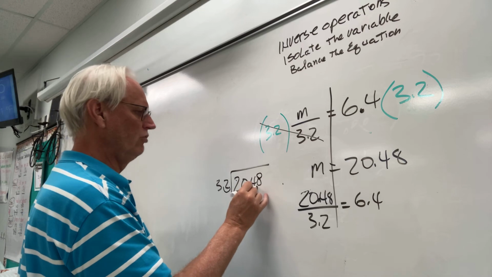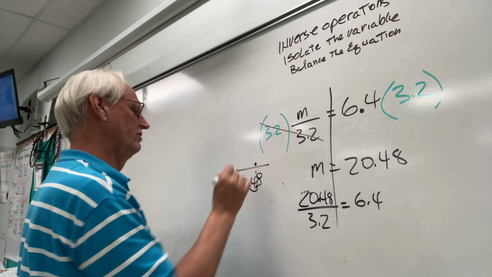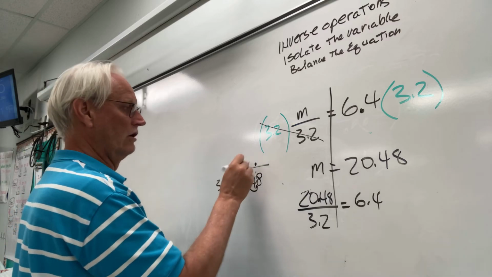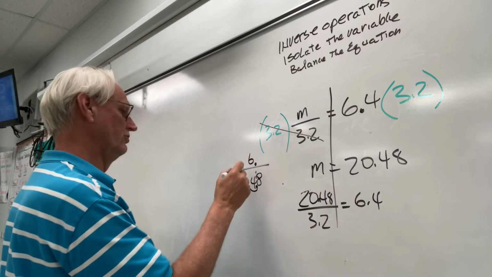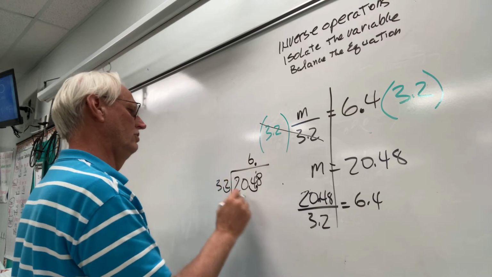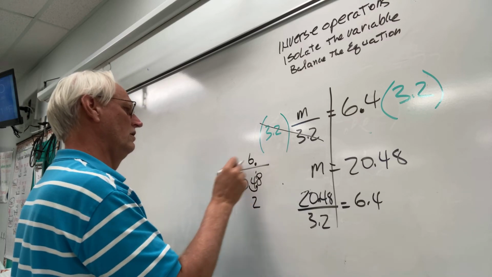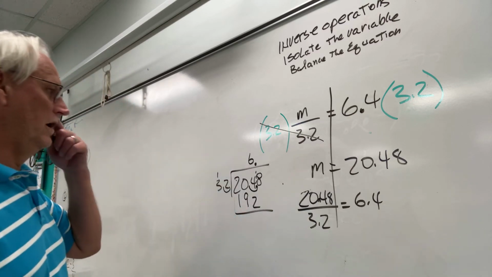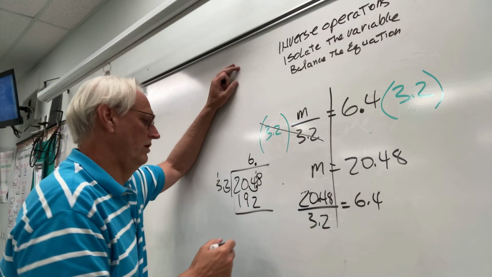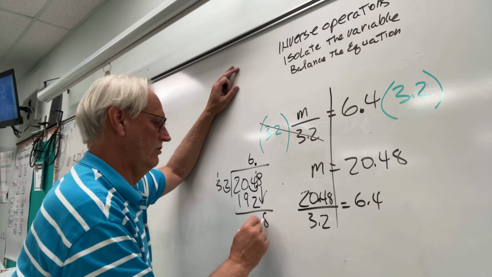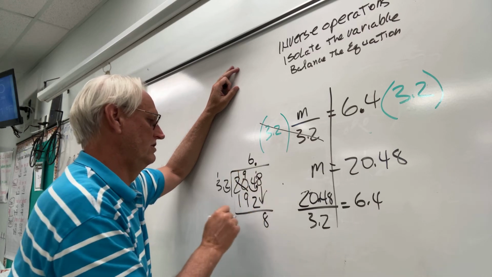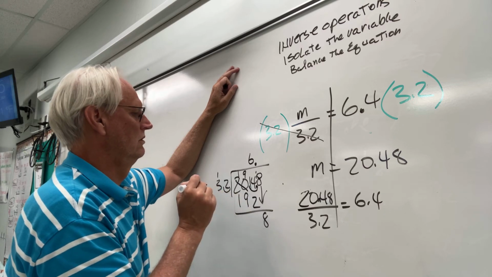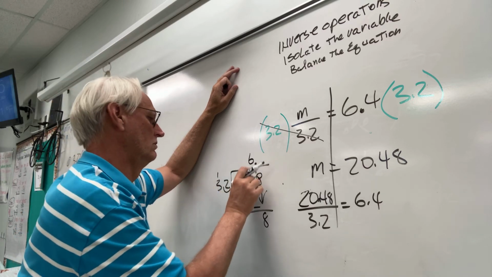So I need to move this one place to the right, put it up to the top. So 32 into here. Well, let's just say it goes 6 times because that's what our answer was supposed to be. So 6 times 2, 2, carry the 1. 6 times 3, that's 19. Okay, so then I end up with what? Well, we bring down the 8, right? I don't need to borrow.